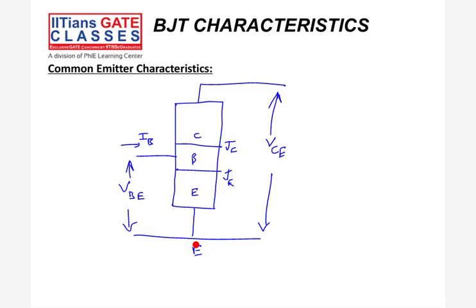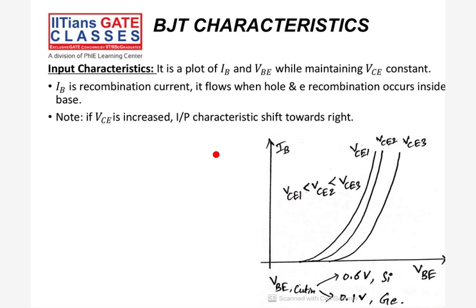So that is the common emitter characteristic. For the common emitter characteristic, we'll have an input characteristic and an output characteristic. In the input characteristic, we'll see what parameters are there in the input, that is the base current. It is a plot of IB versus VBE while maintaining VCE constant. Output voltage we are maintaining constant.